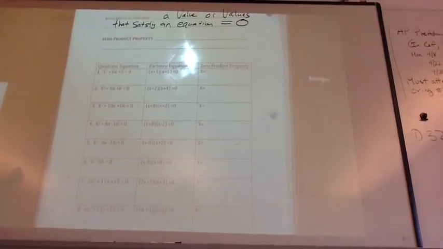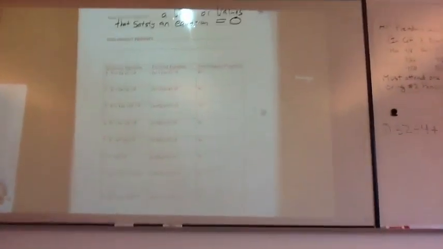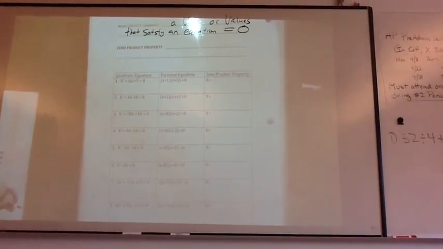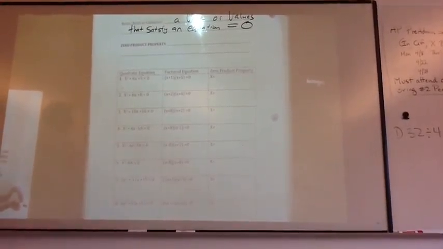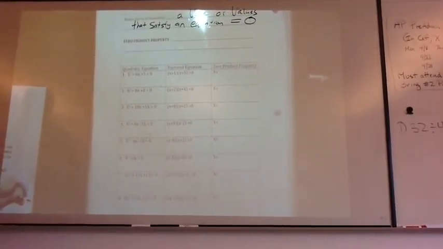Zero product property. This is something that goes back to probably second grade. What is the only way I can take two values, multiply them together, and get a product of 0?